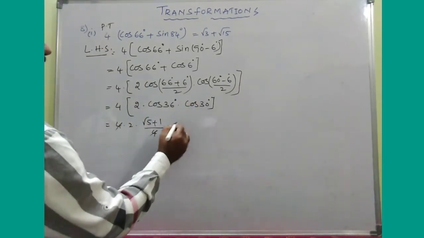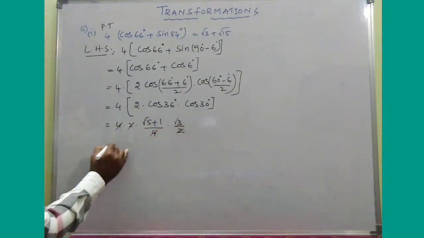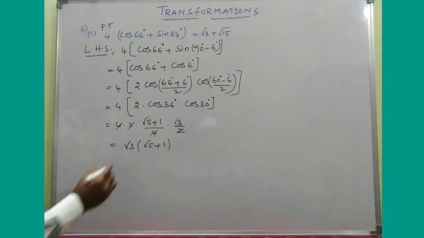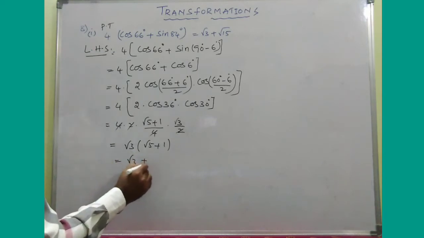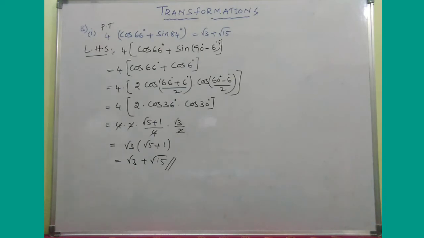Value of cos 30 is root 3 by 2, no? So the 2 and 2 also get cancelled, and this is root 3 into root 5 plus 1. So on multiplication, root 3 into 1 is root 3 plus root 3 into root 5, which is root 15.